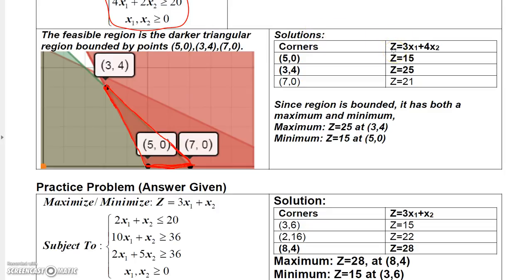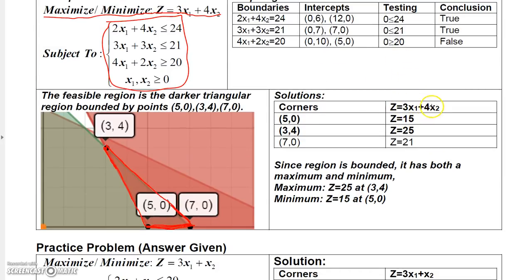And the function was 3x1 plus 4x2. Now since this is a bounded region, remember if I can draw a circle around it, it's a bounded region. So since it's a bounded region, it has both a maximum and a minimum. So let's plug in the three corner points and see which one's the smallest and which one's the biggest value for z.